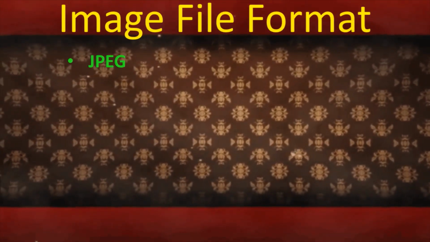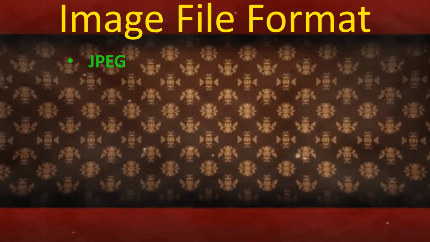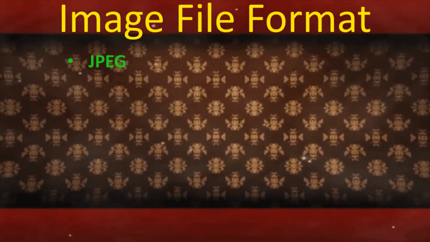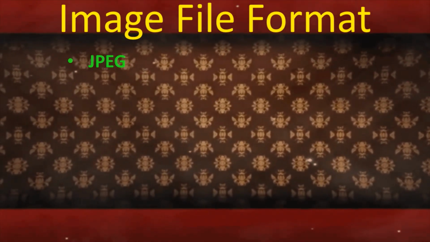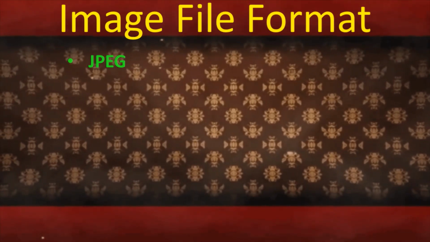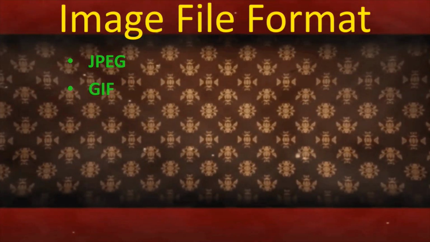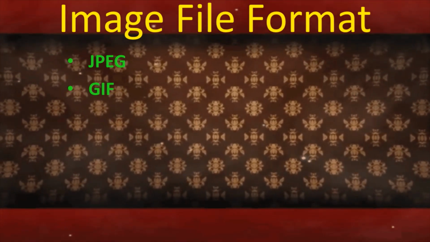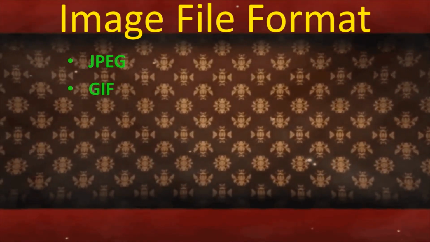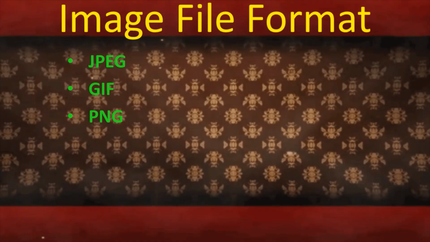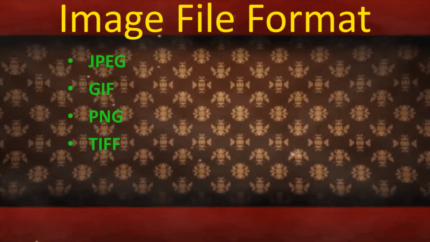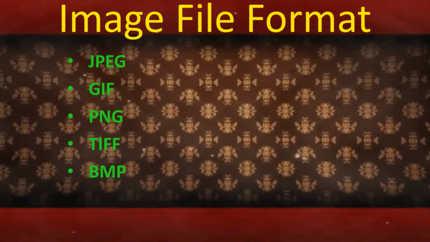In these file formats you can save an image. First one, JPEG. So the computer will attach .jpeg at the end of any image file which you want to save as JPEG. Then GIF. So at the end of the file, .gif will be there. PNG, TIFF and BMP.